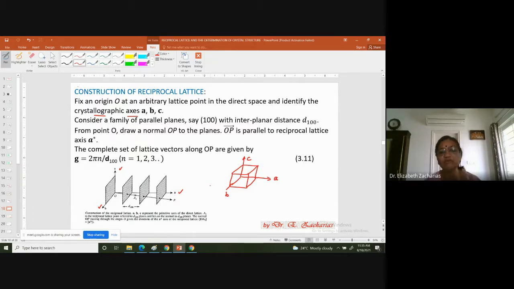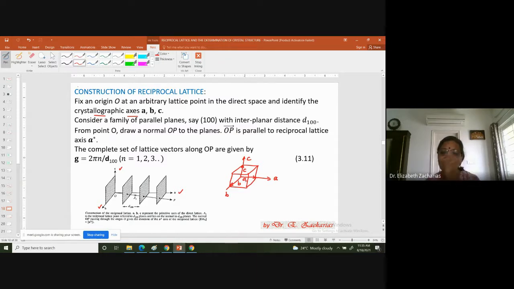And when he's talking of A, B, C as a crystallographic axis, he's actually talking about this dimension being A, then this dimension being B, and this dimension being C. Within a unit cell, A, B, C are actually the sides or the primitive lattice vectors.